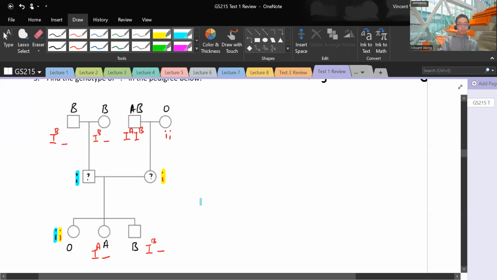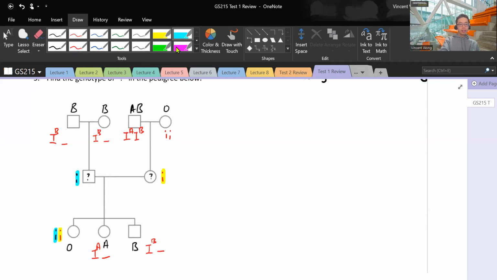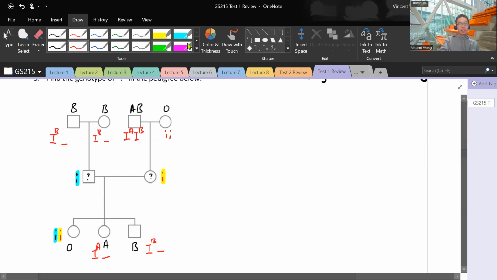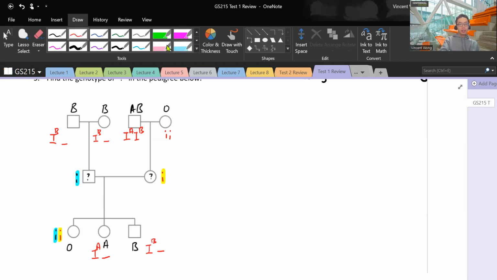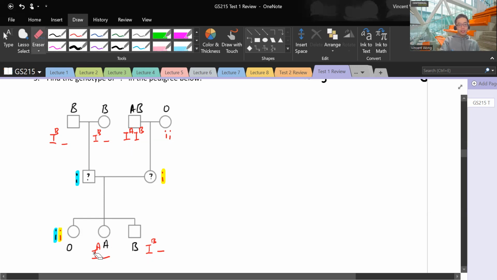Let's take a look at some of the other kids here. This one has an I^A, and can you tell based on this family tree whether the I^A came from the mother or her father?